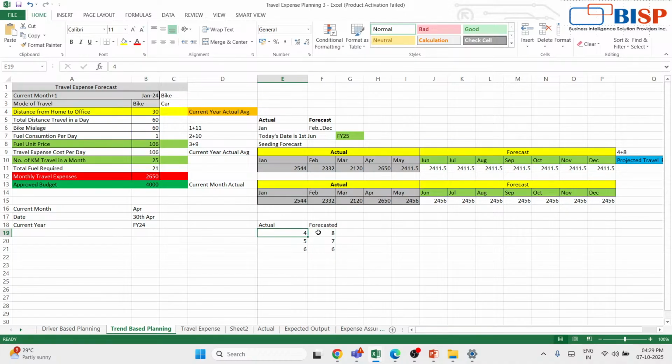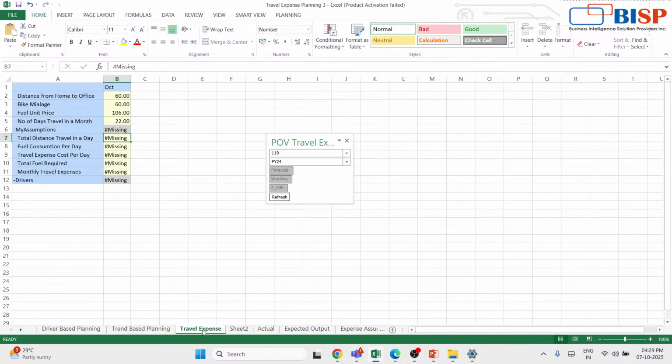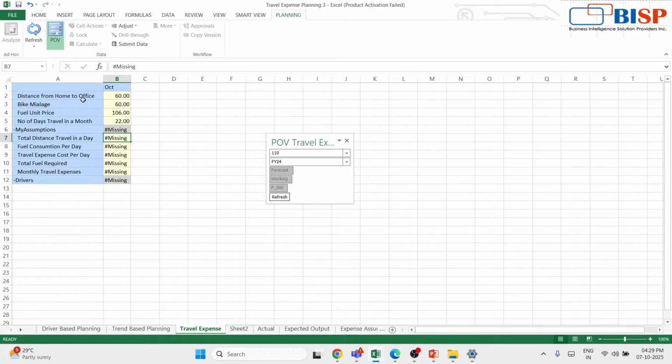This is the 4 month actual and 8 month forecast, the same pattern, same trend which we have followed here. And the travel expense, when we connect it to the smart view, then the value of drivers would come here.